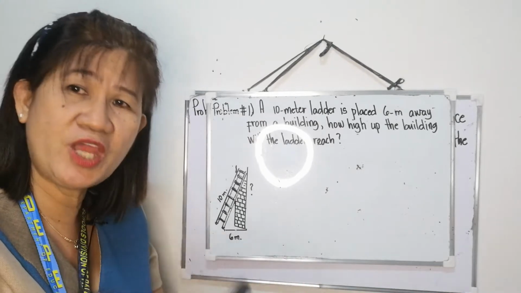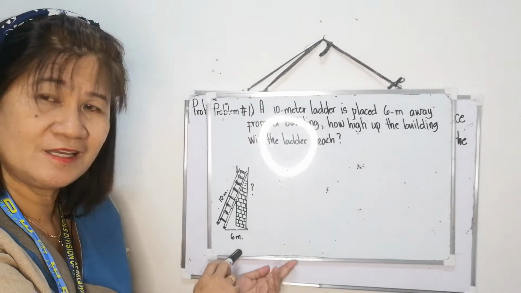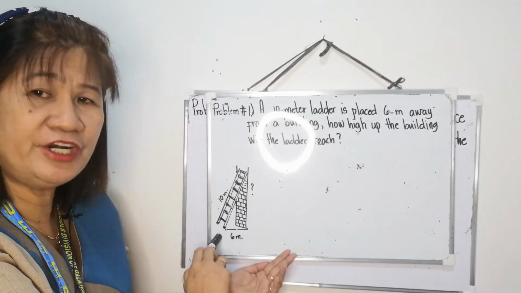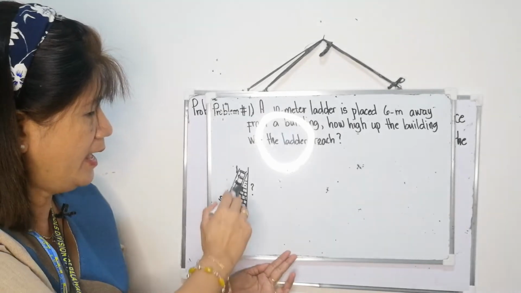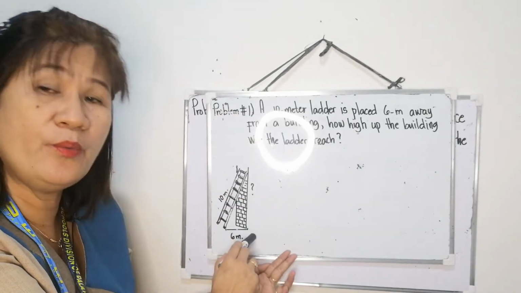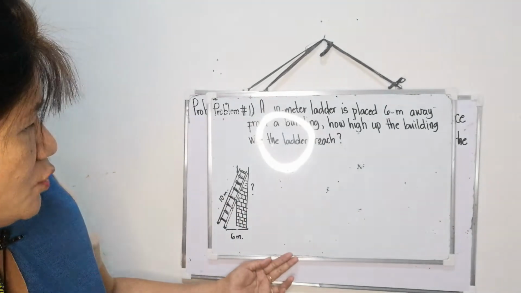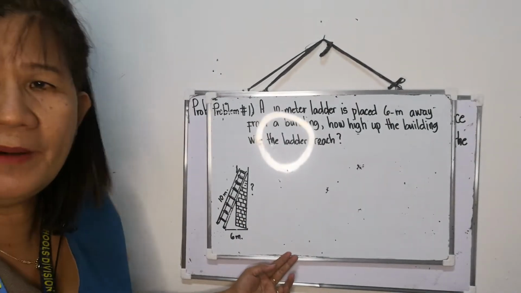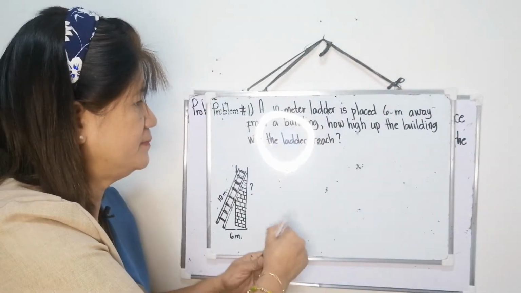If we illustrate the situation or the problem, it will be like this. There is a ladder that is 10 meters long, okay? And it is 6 meters away from the building. So if we illustrate the situation, we form a right triangle. And what are given?